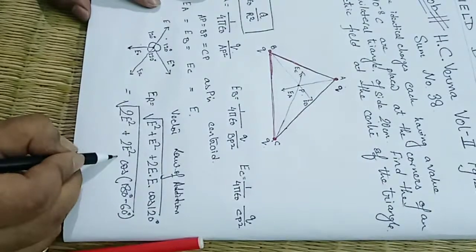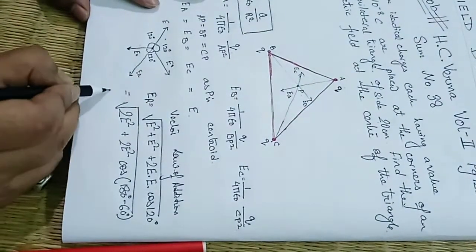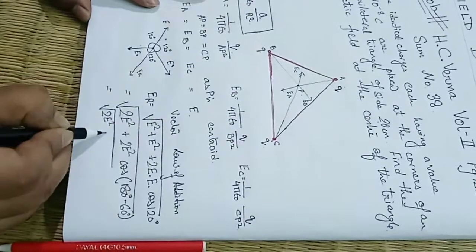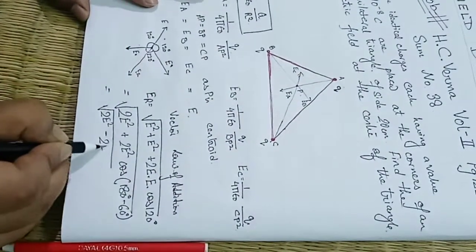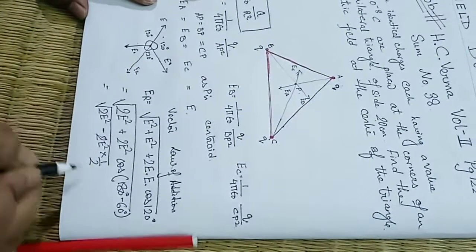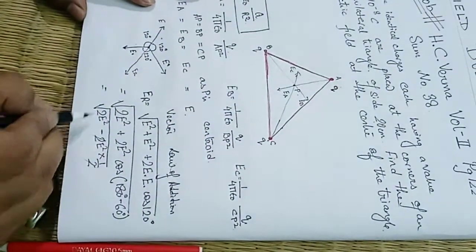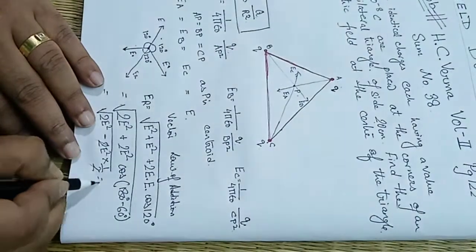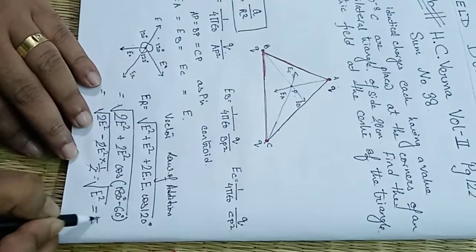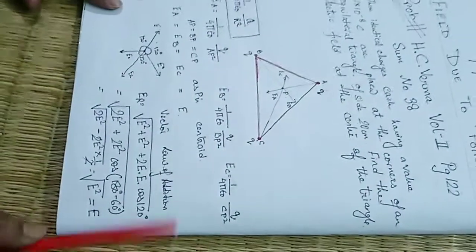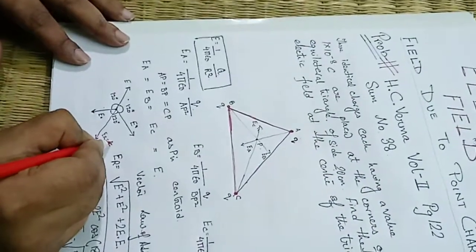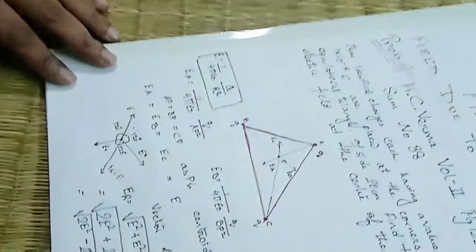So this becomes minus cos 60. So this equals to 2E square minus 2E square into half. So these two cancel. 2E square minus E square becomes root over E square, which is equals to E. Therefore, we get the resultant ER equals to E. Notice very carefully.